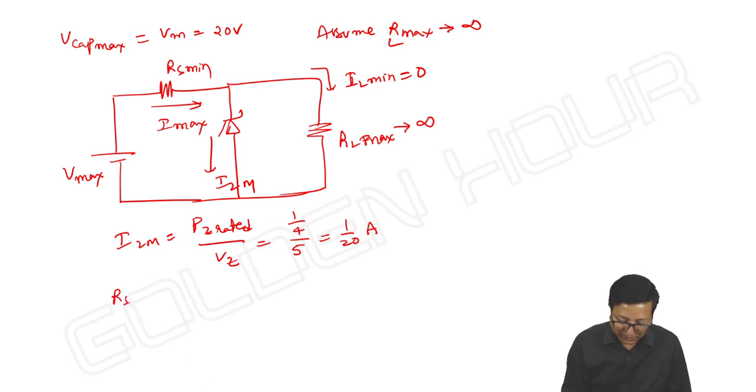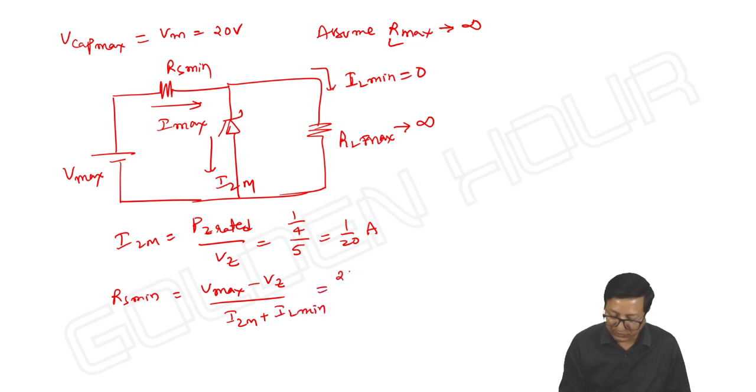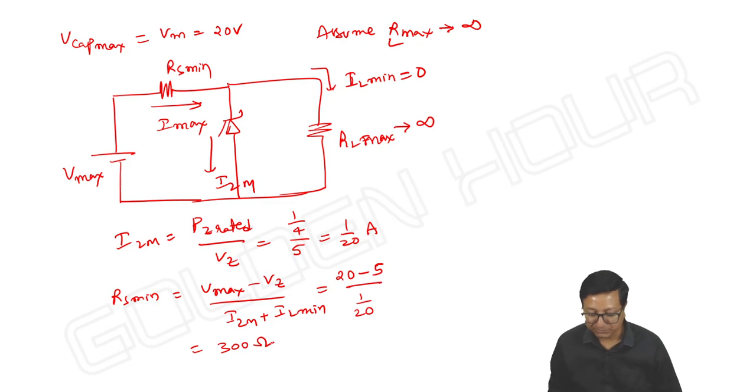Then RS minimum is equal to (Vmax minus Vz) by (IZM plus IL minimum). Vmax it is 20 minus Vz, I think 5, by 1/20. It is equal to 300 ohms. That's it.